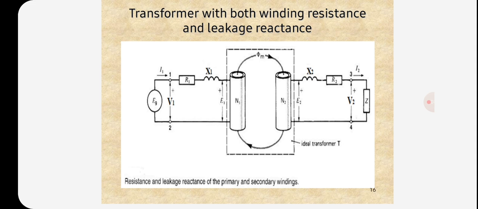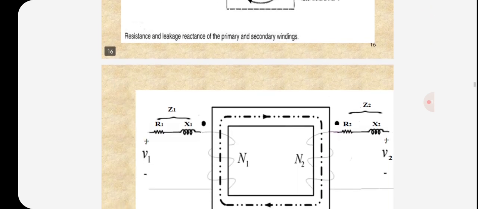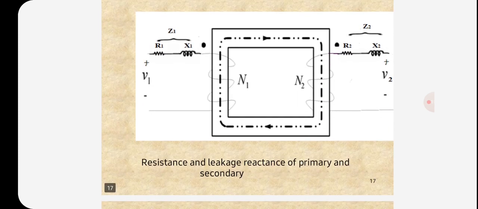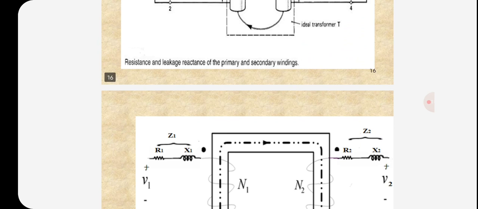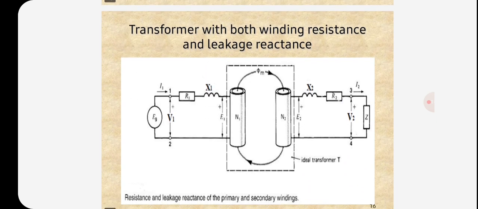When the primary reactance is transferred to secondary side, then the primary has no reactance as shown. The leakage reactance x2 plus x1 dash, that is equal to x2 plus k square x1, is known as the equivalent or effective reactance of the transformer referred to secondary and is denoted by x02.